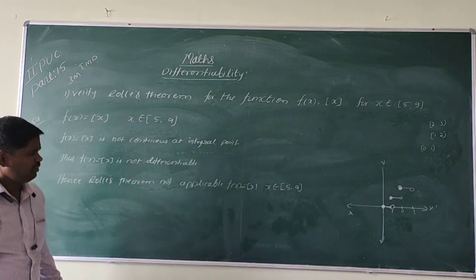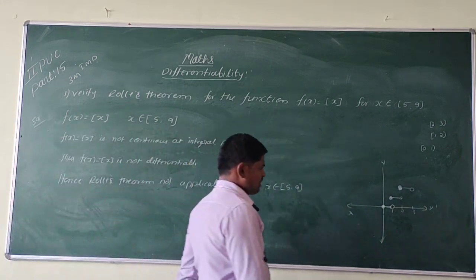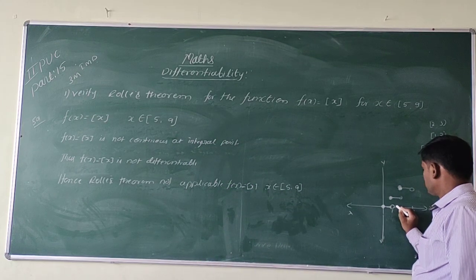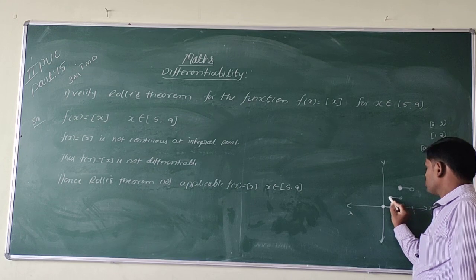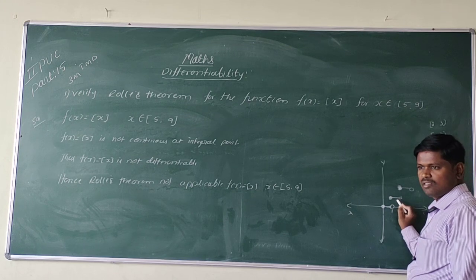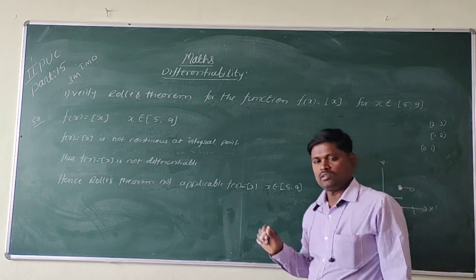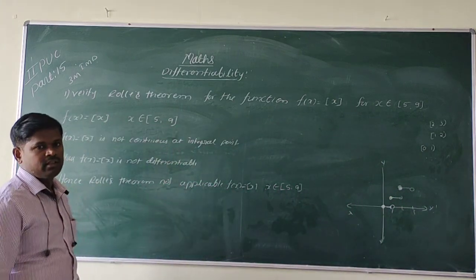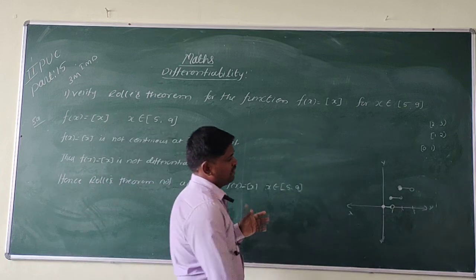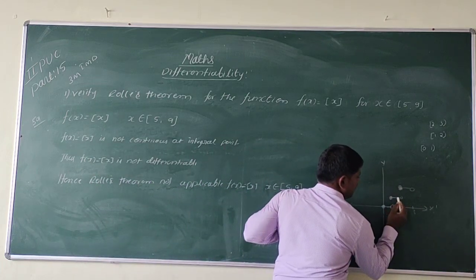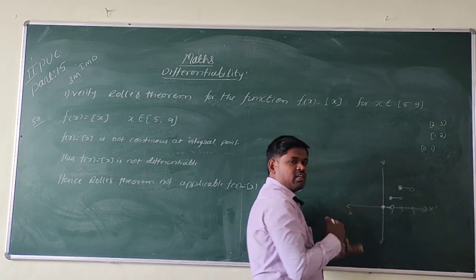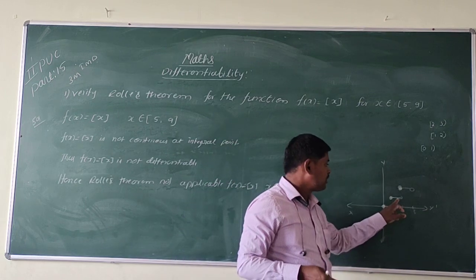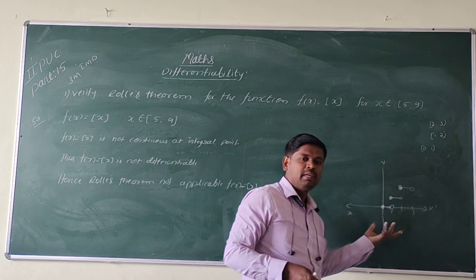Even though there exist many points at which the slope is 0, the converse of Rolle's theorem is not true. That means f dash, the slope of the tangent, is 0, yet the given function is not differentiable. It may or may not be differentiable, or it may or may not be continuous.